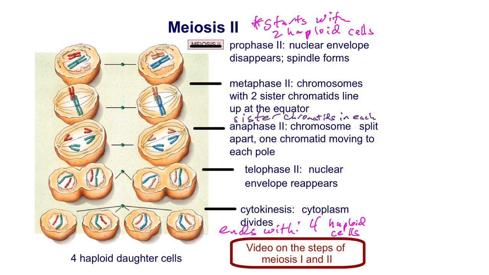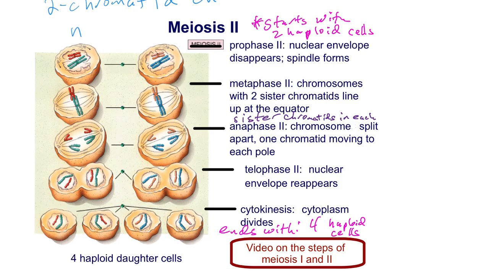So let's look at meiosis 2. You're starting out with no homologous chromosomes, but you have 2-chromatid chromosomes, because in meiosis 1 the homologous chromosome pairs were broken up, but no 2-chromatid chromosomes were split, like in mitosis.